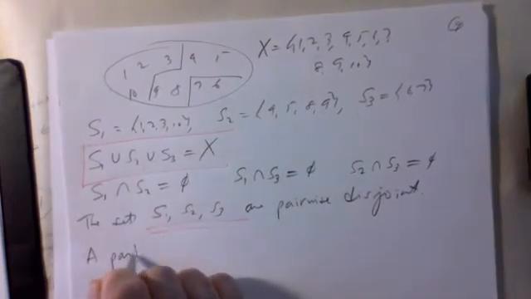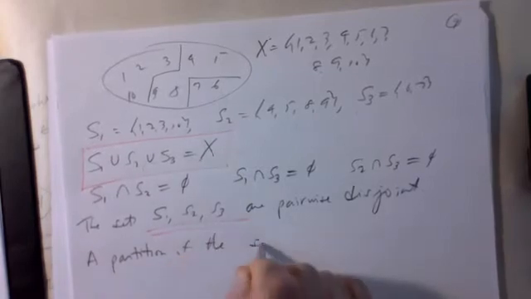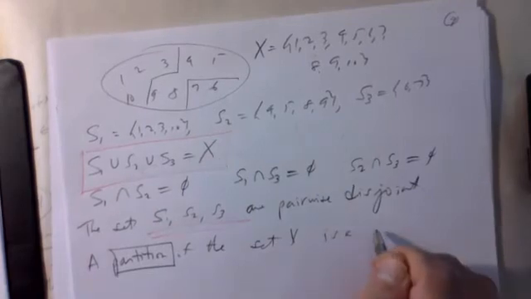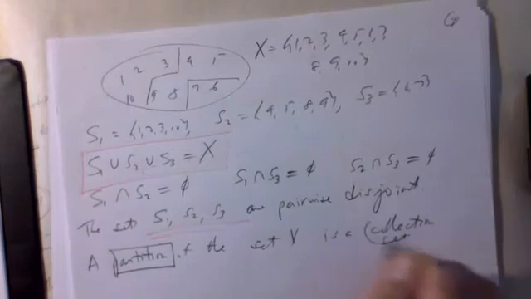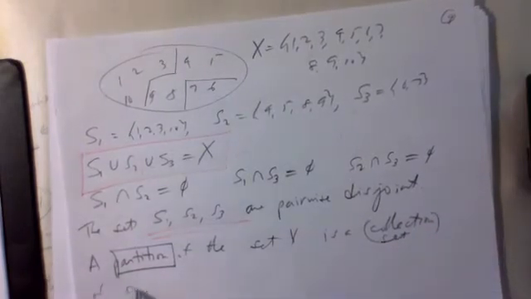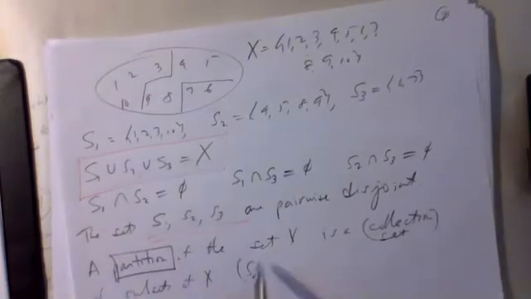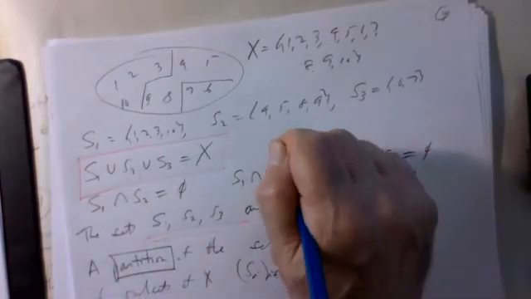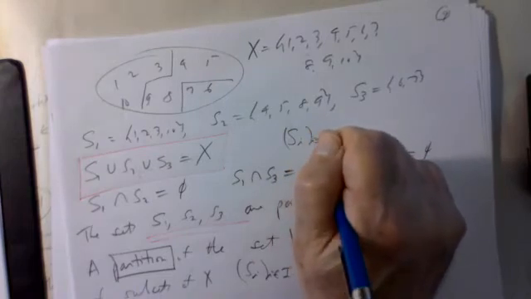A partition of the set X is a collection or a set of subsets of X, say S sub I in some set I. In this case, we have S sub I for I equals 1, 2, and 3.